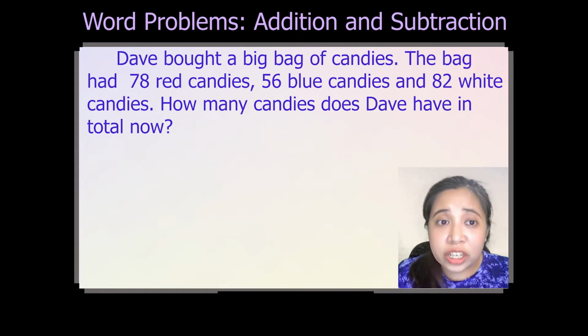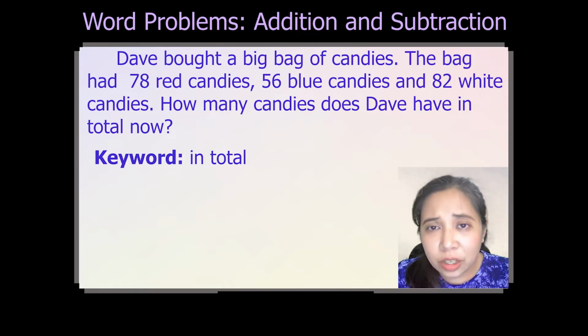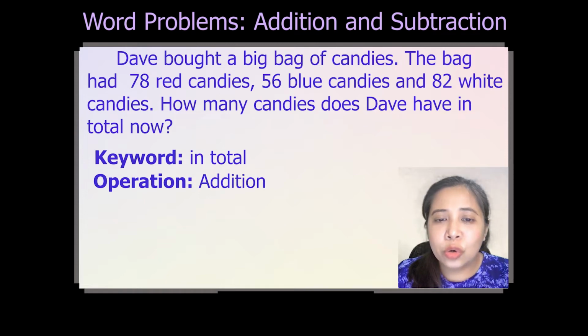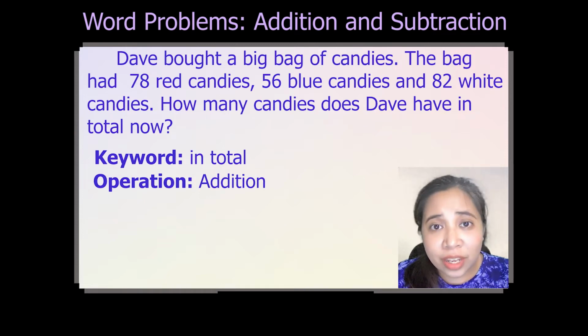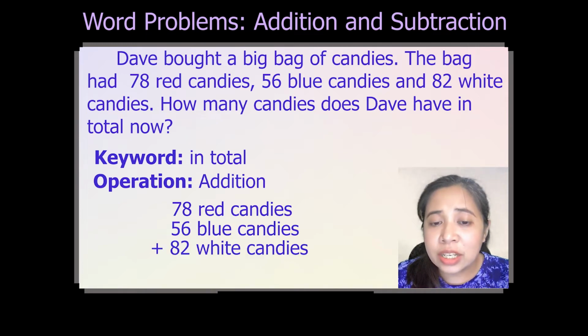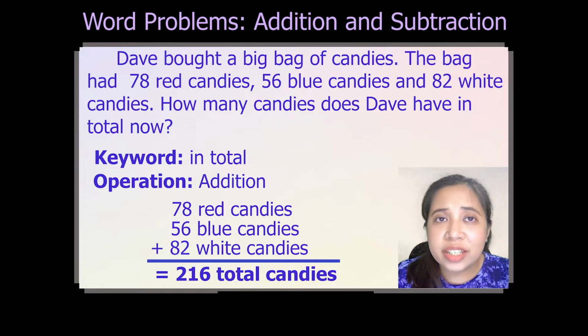The keyword here, o ang keyword sa word problem na ito ay in total, meaning we are looking for the sum. And if we're looking for the sum, ang basic operation natin dito ay addition. So, i-add natin yung mga given. That is 78 plus 56 plus 82 is equal to 216 total candies.